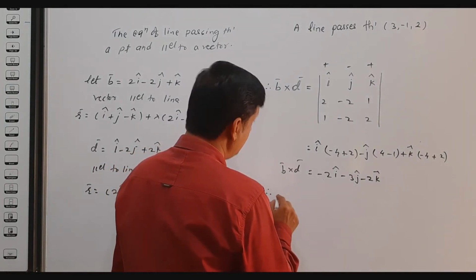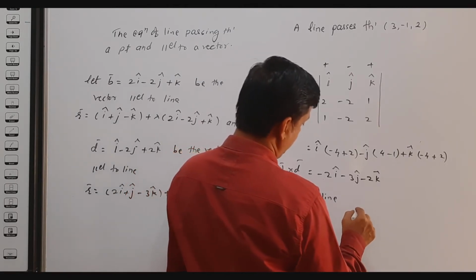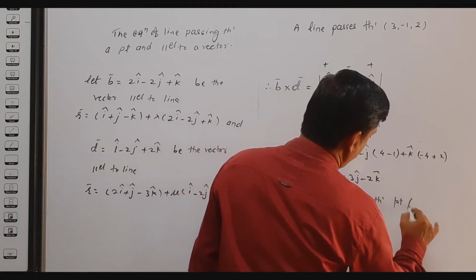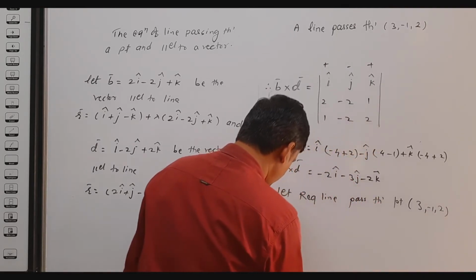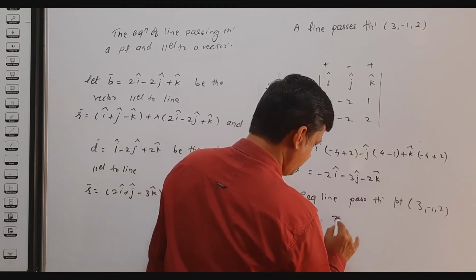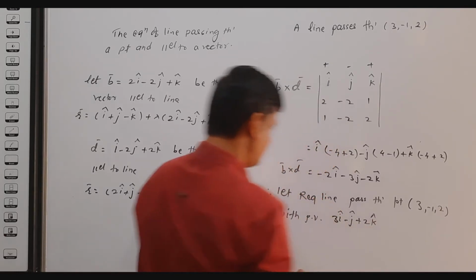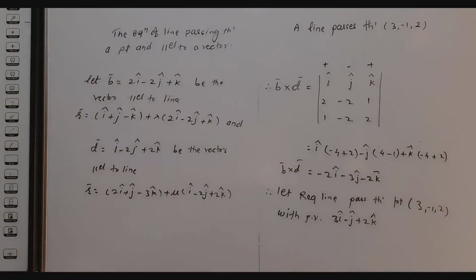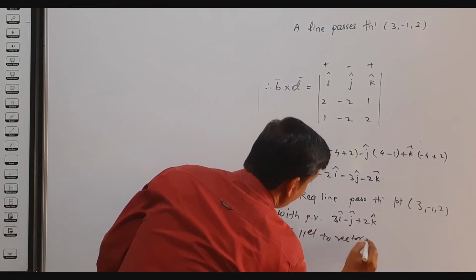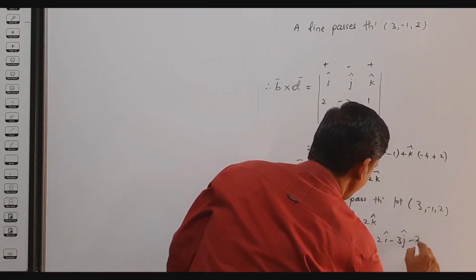Therefore let the required line pass through the point 3, -1, 2 with position vector 3i minus j plus 2k and be parallel to the vector minus 2i minus 3j minus 2k.